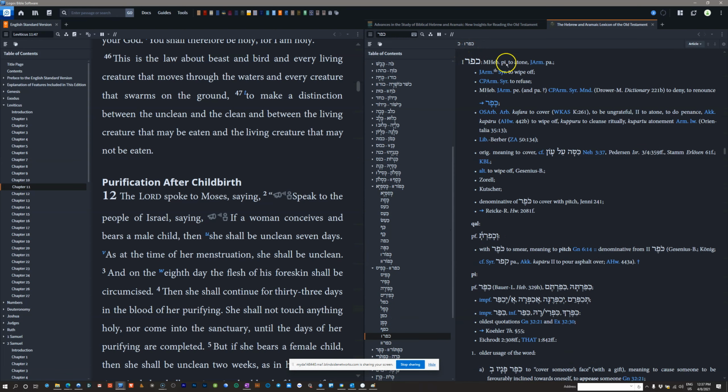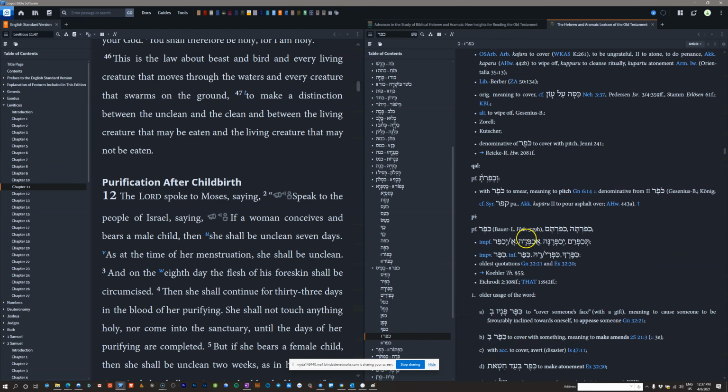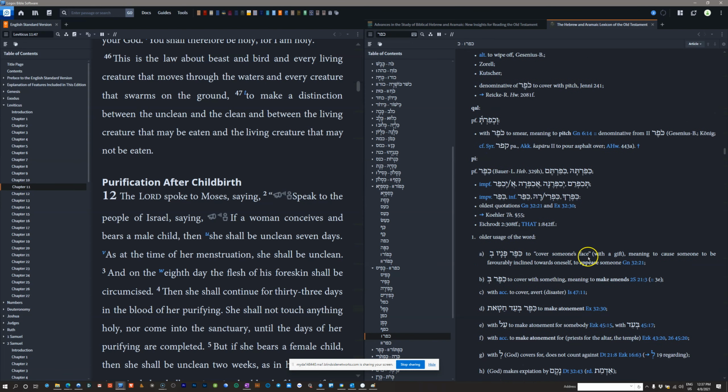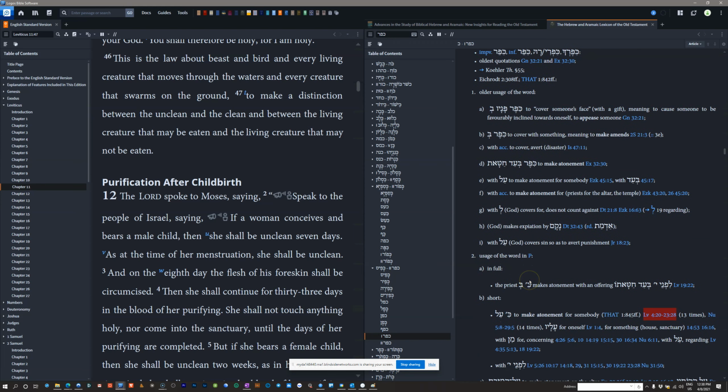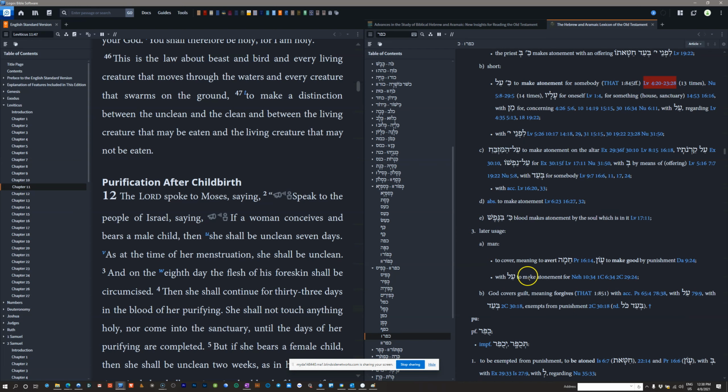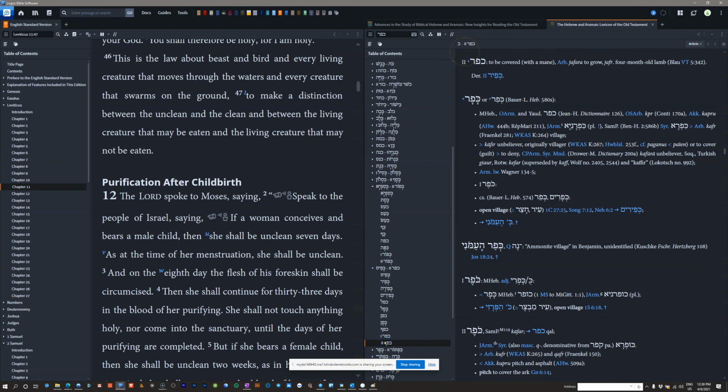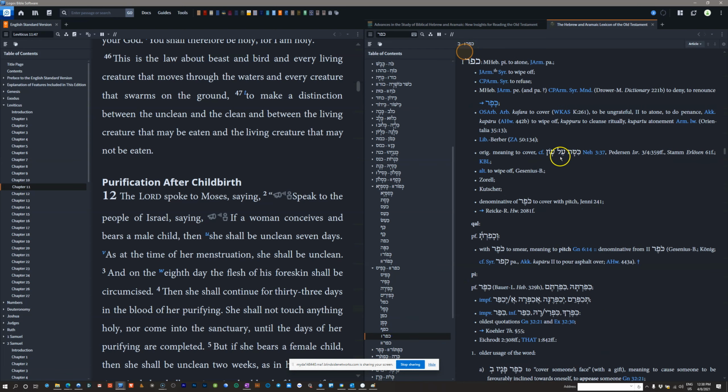All right, so the first entry is going to mean to smear or to wipe off, to cover. It's got a pretty wide range of meaning. And I'm pretty sure this is the entry that we're learning here. The second entry is related, but it's certainly not the main one.